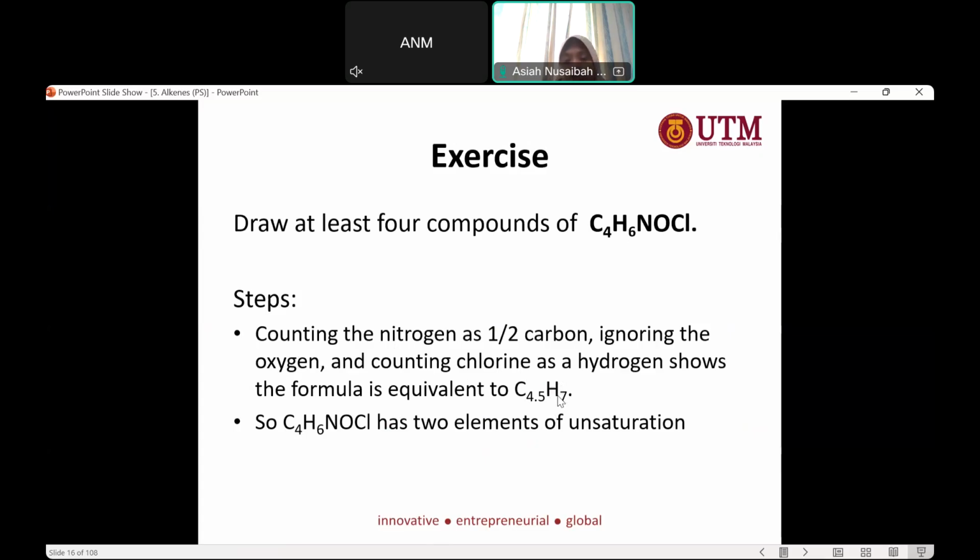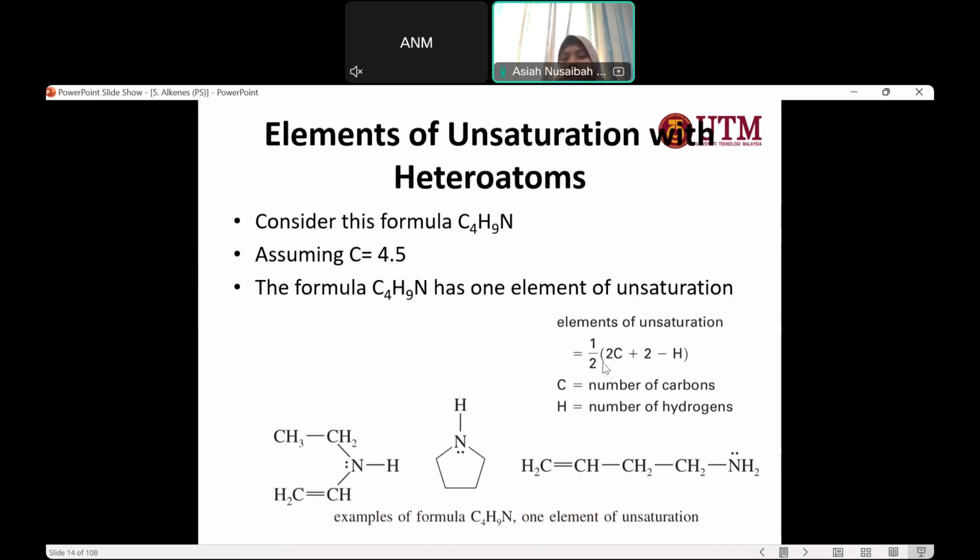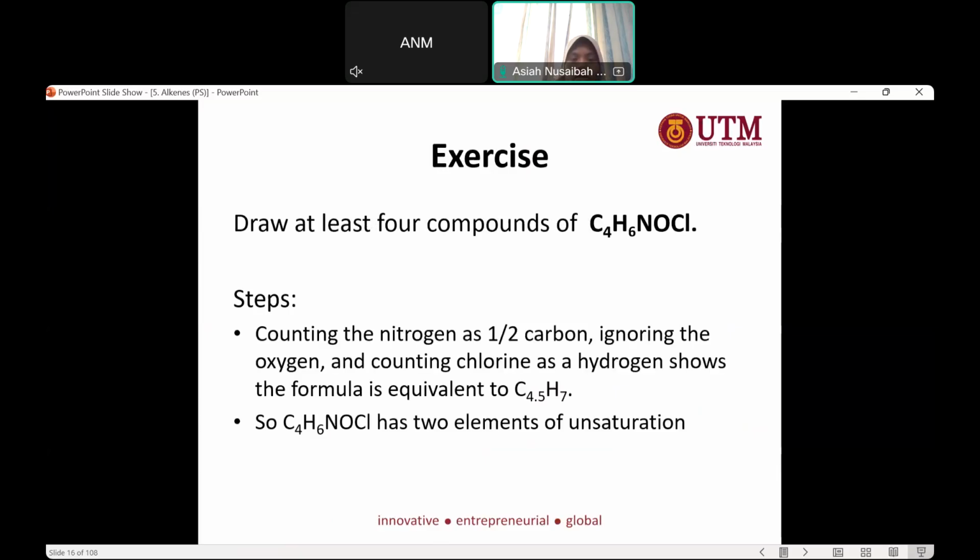Putting it into the formula, remember: half times 2C plus 2 minus H. For the exercise, we multiply 2 times 4.5 to get 9, plus 2 we get 11, 11 minus 7 we get 4, 4 divided by 2 we get 2 elements of unsaturation. So C4H6NOCl has 2 elements of unsaturation.